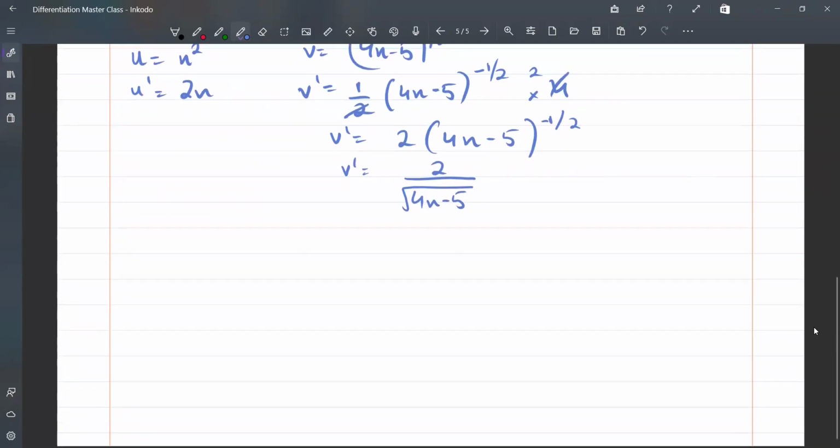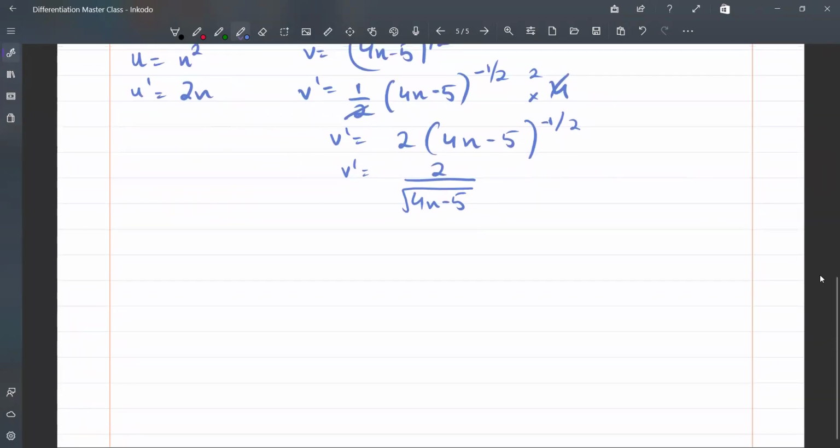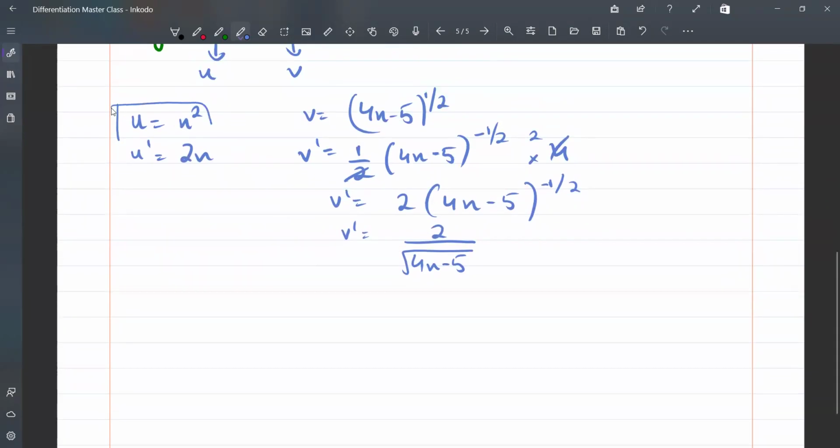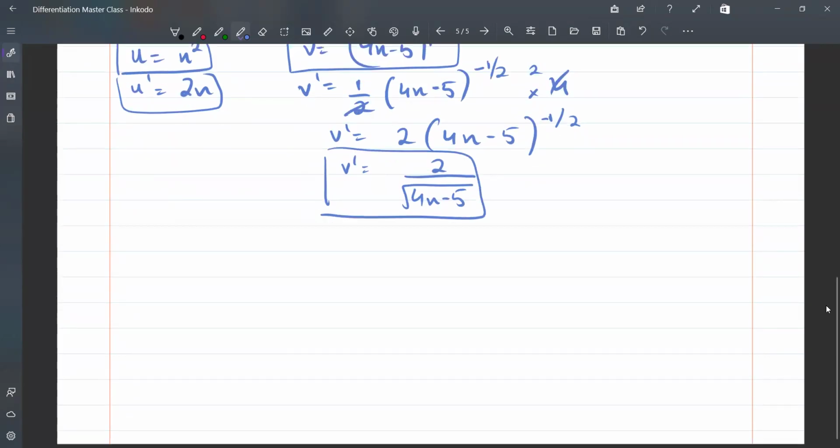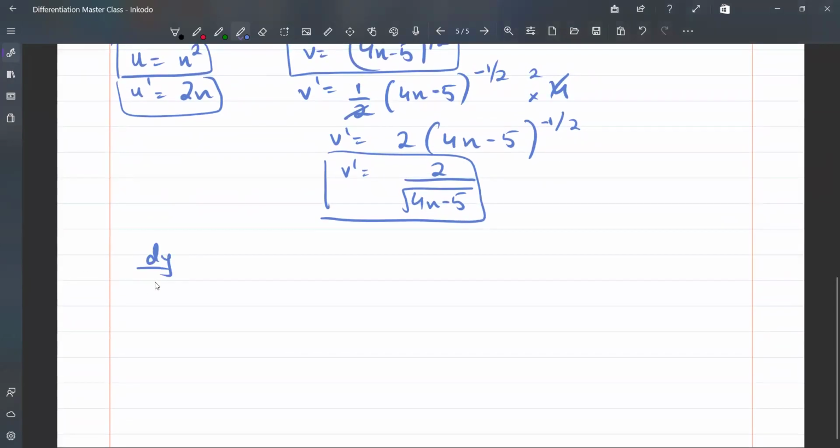All right. So now we have u dash and v dash. Now we will simply apply the formula, which is uv dash plus vu dash. Just simply apply this formula and you will get the answer.